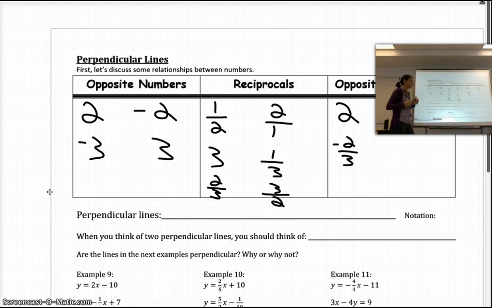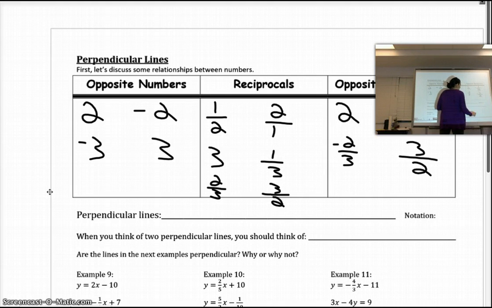What's the opposite reciprocal of -2/3? +3 over 2. Very good. What is the opposite reciprocal of -1? Just 1. +1 over 1, which is just 1.